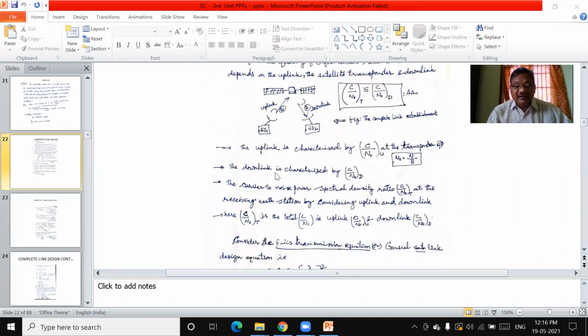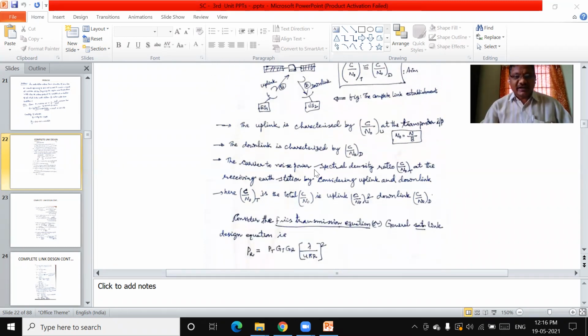So now here, the first thing we are going to do in this case is, as you know, uplink is characterized by C by N naught U at the transmitter input. Clear? Uplink is characterized by carrier to noise power spectral density at the transmitter input.